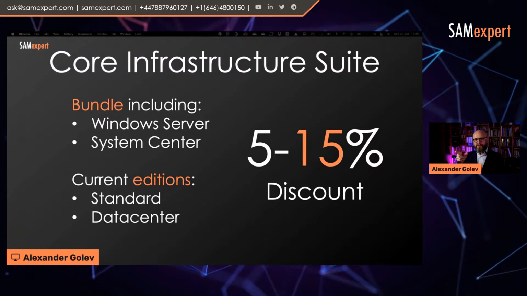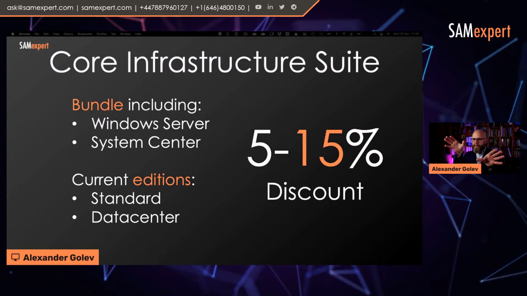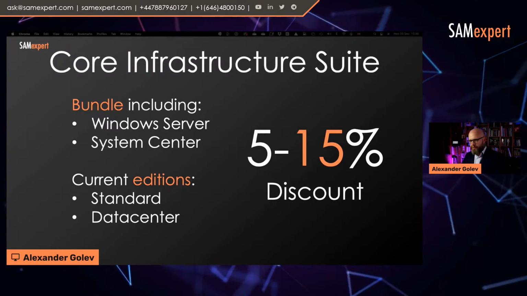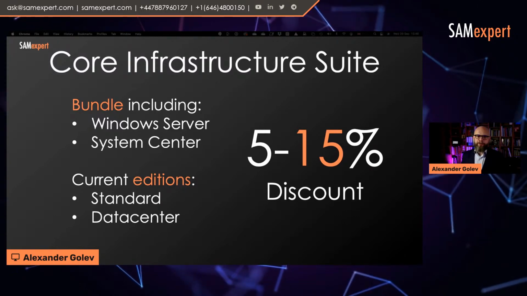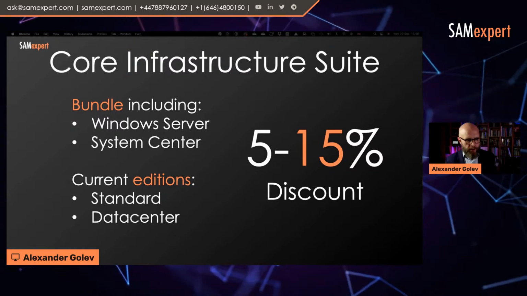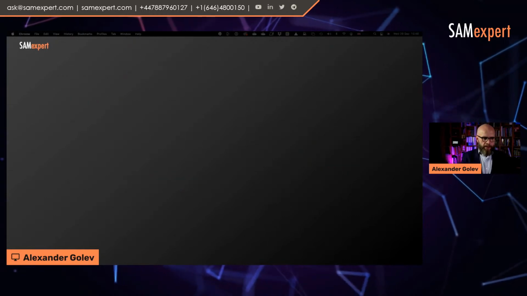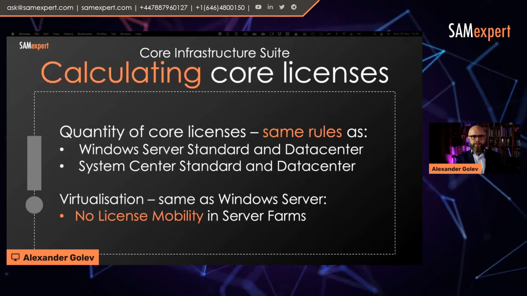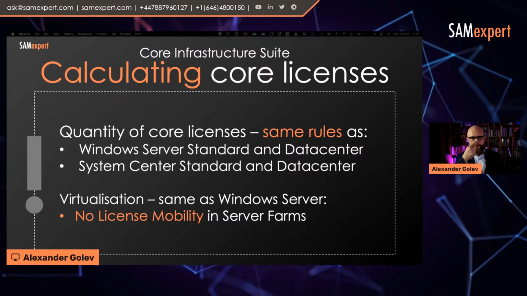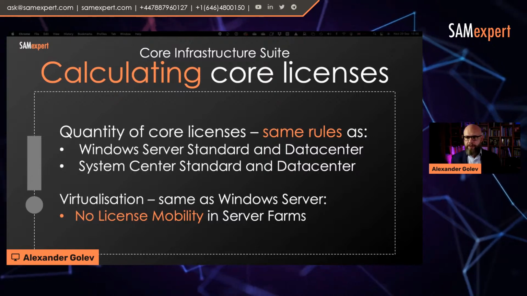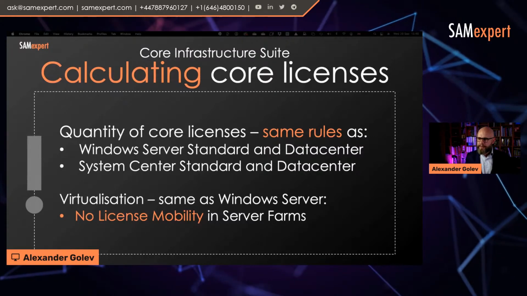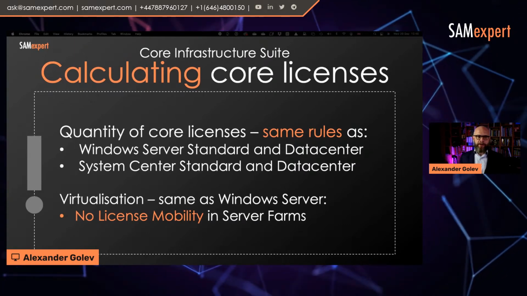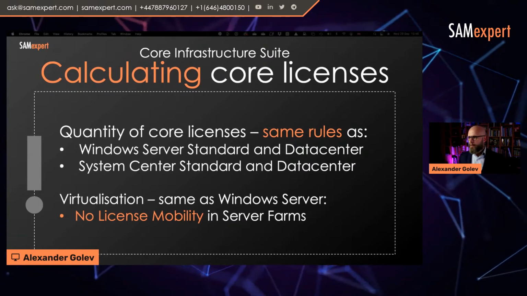If you add System Center and Windows Server in a core infrastructure suite, bought through SCE, you get a 15% reduction of the total cost of these two products. It may not always be an economical solution, so detailed analysis is still recommended. It depends on how your infrastructure is configured. If you're not using System Center everywhere, this may not be a cheaper solution.